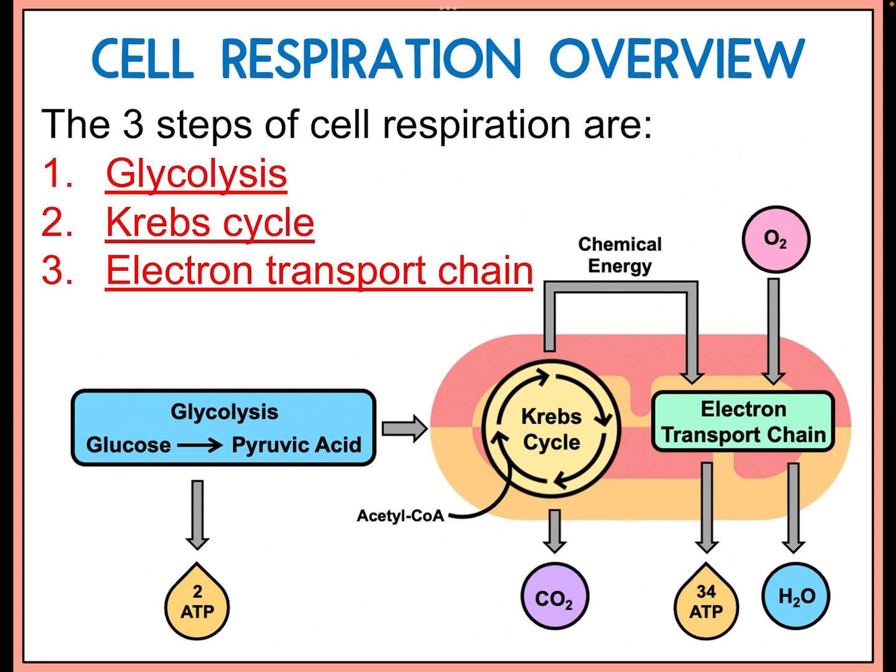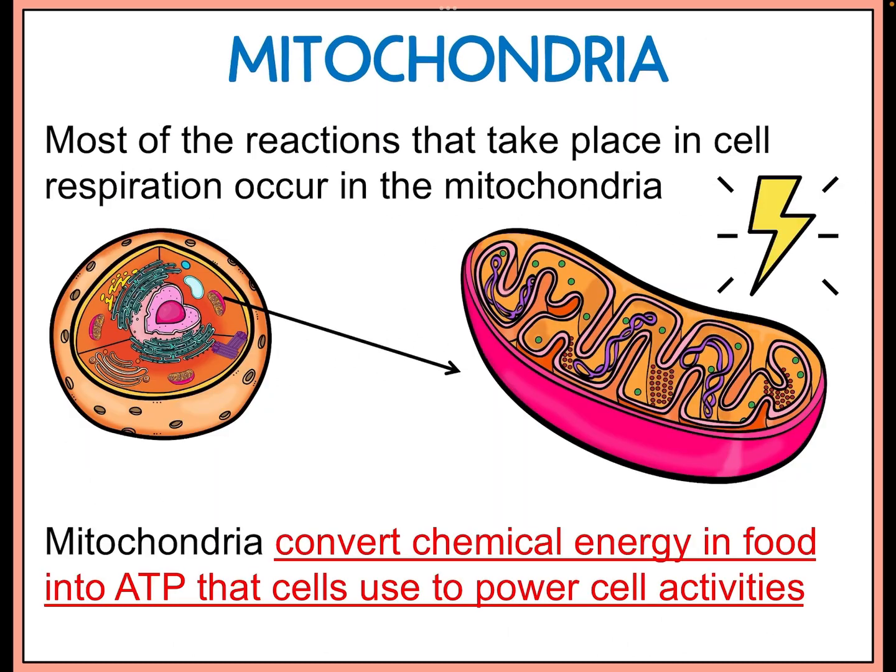The Krebs cycle produces the waste product CO2. And in the electron transport chain, this is where the bulk of your ATP is produced. There are 34 ATP produced from the electron transport chain, and this is also where the waste product H2O is produced.